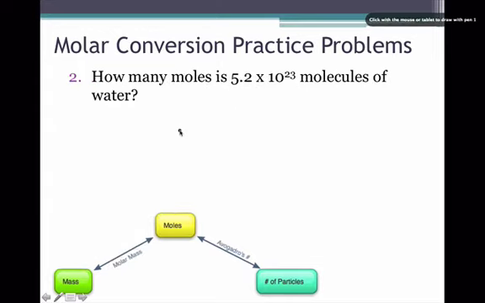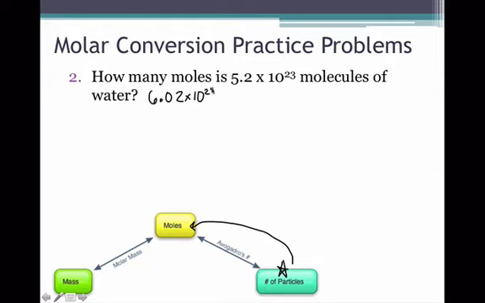The next question is, how many moles is 5.2 times 10 to the 23rd molecules of water? Molecules, remember, are a number of things, a particle. So I'm starting here, and it's asking me about moles. So I'm going to jump right to my moles. One step again. The conversion factor is Avogadro's number. So that's that 6.02 times 10 to the 23rd, in this case molecules, is equal to 1 mole of anything.